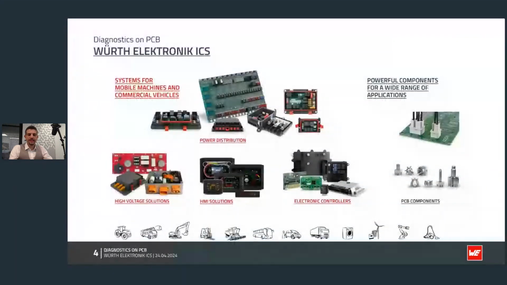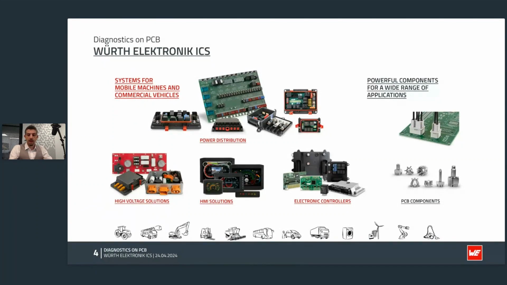Würth Elektronik ICS is focused on offering customer-specific power distribution systems in the low and high voltage area, HMI solutions and controllers. But we do offer as well PCB components to allow you to design your own products to profit from our well-known power elements design.